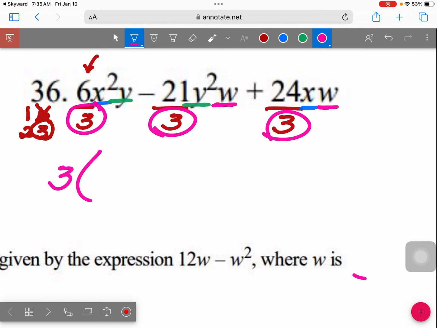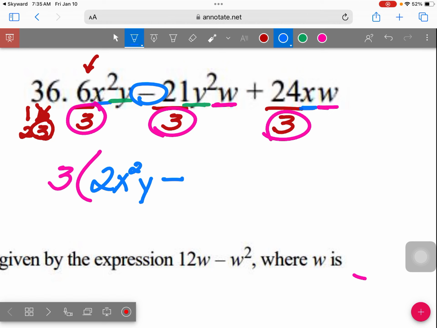And then we have to divide. So 6 divided by 3 is 2. X squared y, there's nothing else to divide it by. So you just write those out. X squared y minus, what's 21 divided by 3?